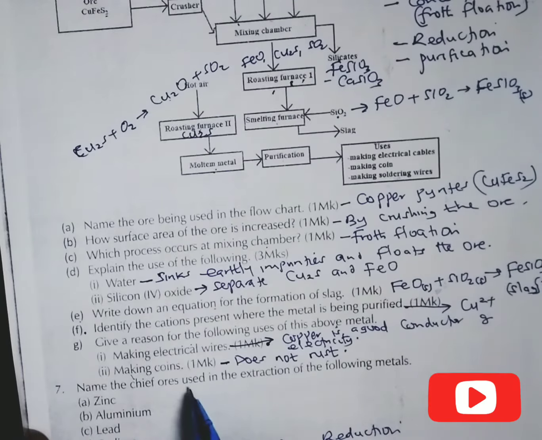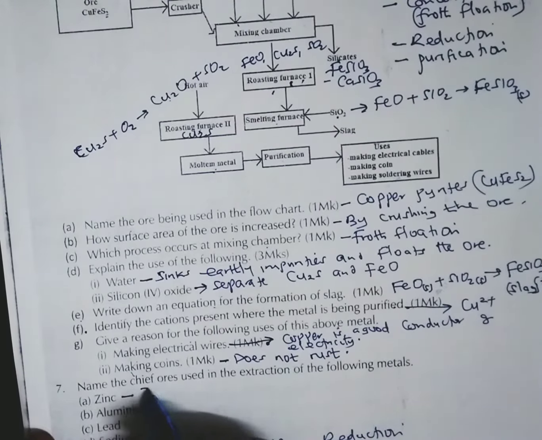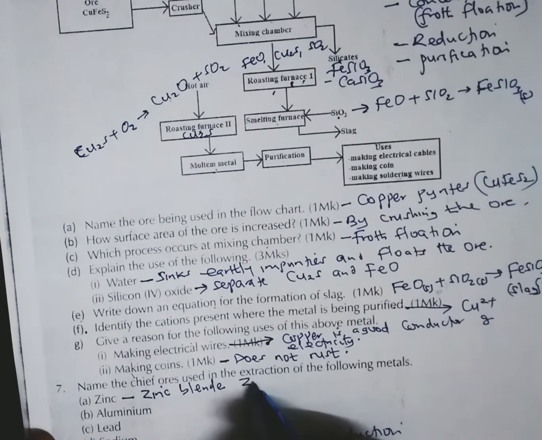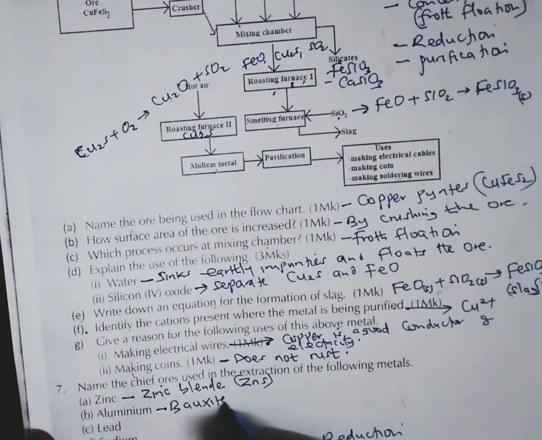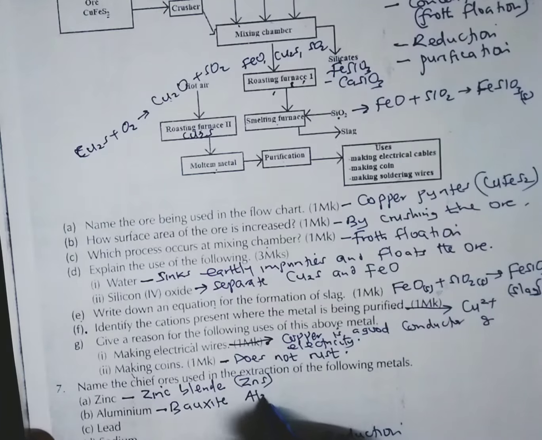Name the chief ores used in the extraction of the following. Zinc is extracted from zinc blende, and zinc blende is simply zinc sulfide. Aluminium is extracted from bauxite, and bauxite is hydrated aluminium oxide.